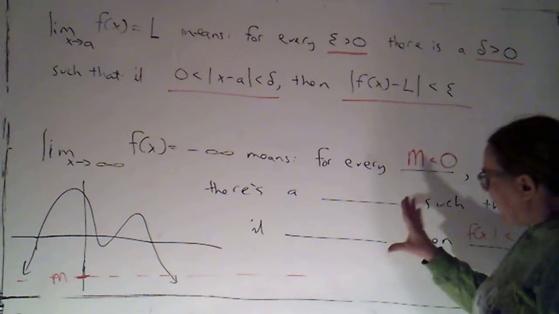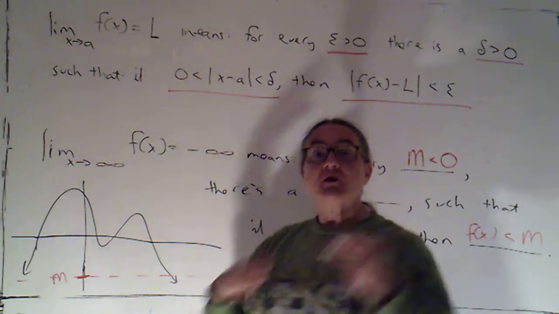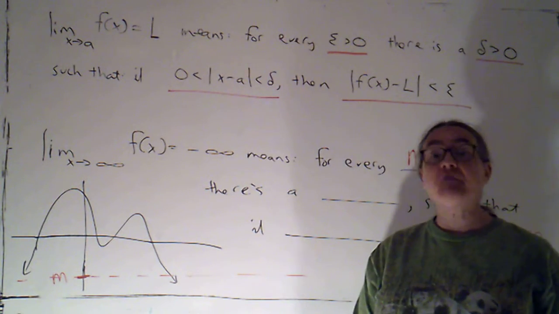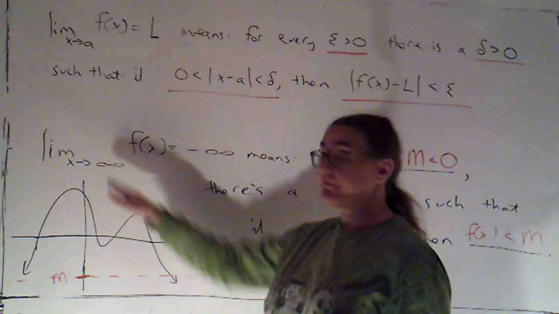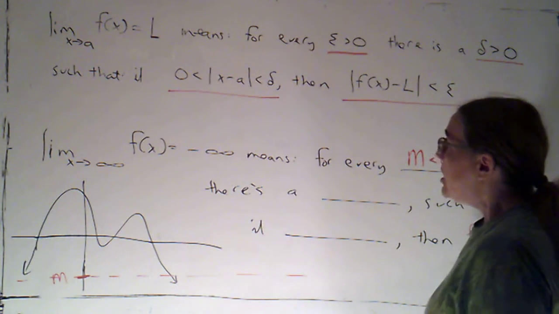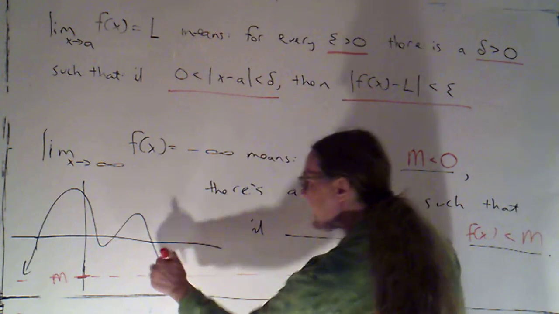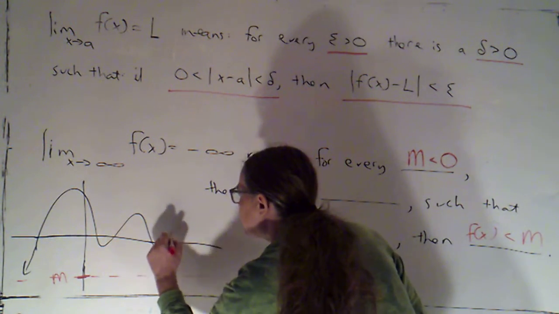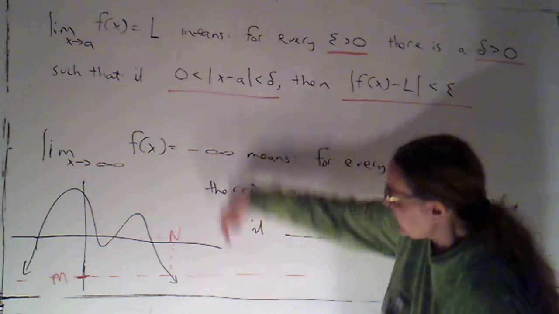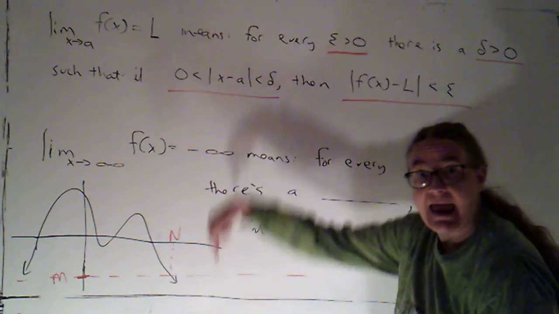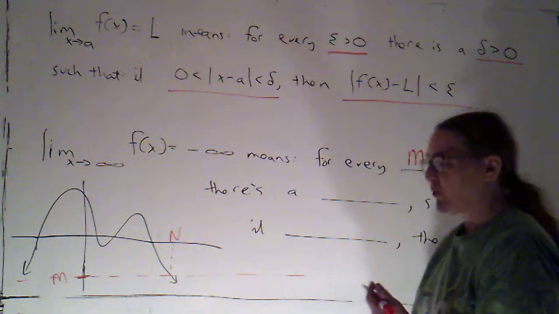Okay. And what makes that happen? Well, that happens as x is going off to infinity. So we're going to need to introduce a standard of bigness for x, and this is in the positive direction. So we're going to say, well, let's see, it looks like once we pass this point right here, which I'm just going to call n, if we go to the right there, we're going to just keep going right and down, so we're going to be below this standard of bigness for y.